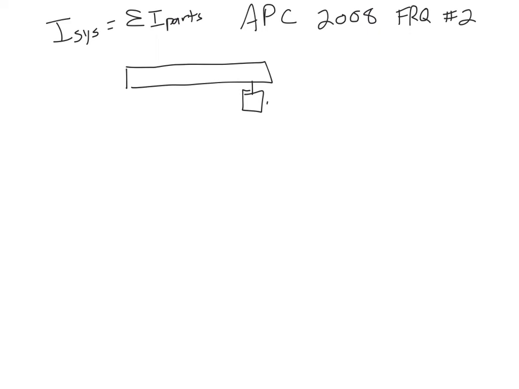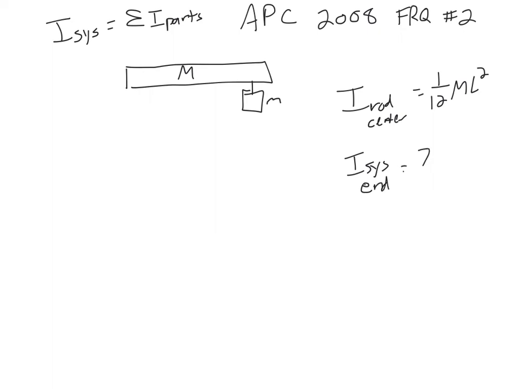We'll call this a little mass m and this a big mass M. And they said that the rotational inertia of the rod about its center was equal to 1/12 ml squared, and they basically asked what was the rotational inertia of the system about the edge, or one of the endpoints.